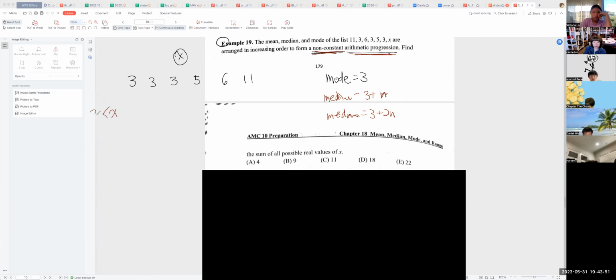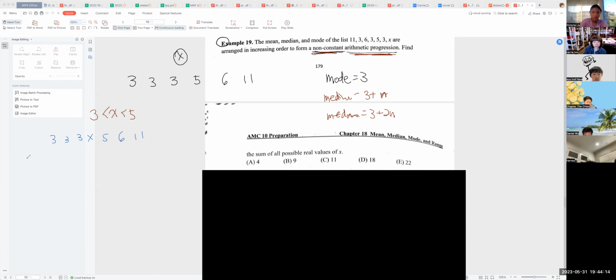What if x is bigger than 3 and smaller than 5? So the data will be 3, 3, 3, x, 5, 6, 11. Understood, everybody? 对不对？因为它在3和5之间，所以 if I put them into order, it could be 3, 3, 3, x, 5, 6, and 11.